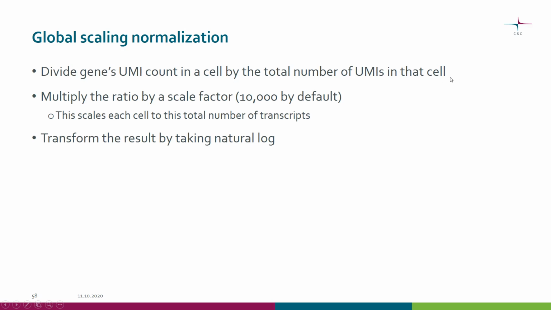We get a ratio, so then we multiply the ratio by a scale factor, which is 10,000 by default. In other words, we scale each cell to this total number of transcripts. And finally, we transform the result by taking a natural logarithm of it.